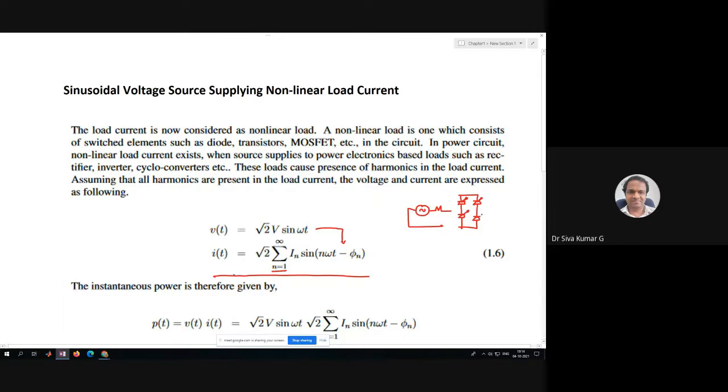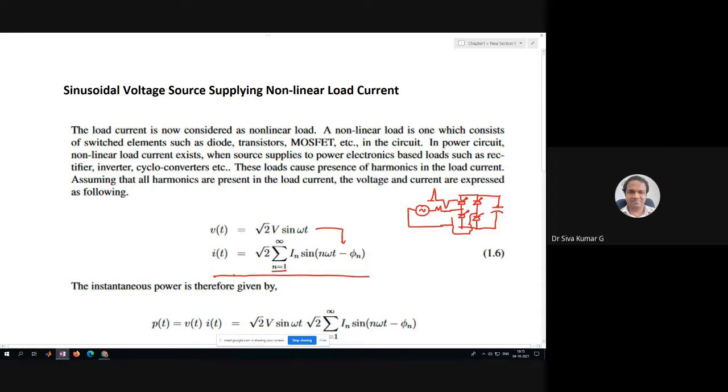You can consider a capacitor load, a high capacitor, which may take a high impulse current. The voltage is very much a sinusoidal voltage, but the current goes in a very impulsive kind of nature. This is the kind of nature we are going to observe over here.